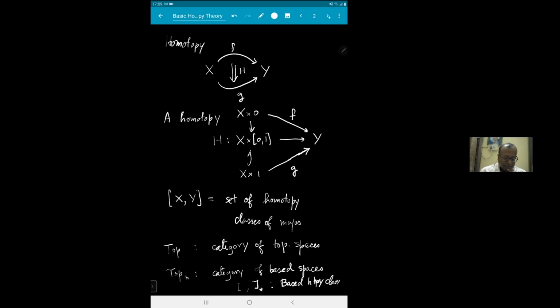We will mostly use the based category instead of just Top.